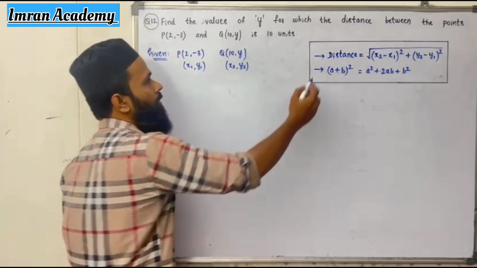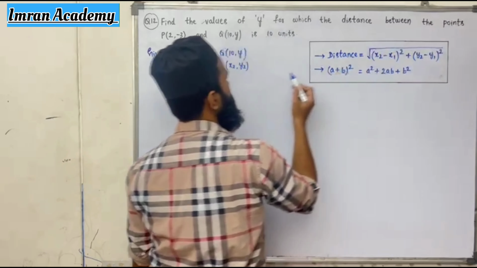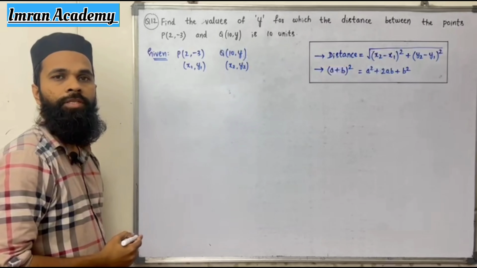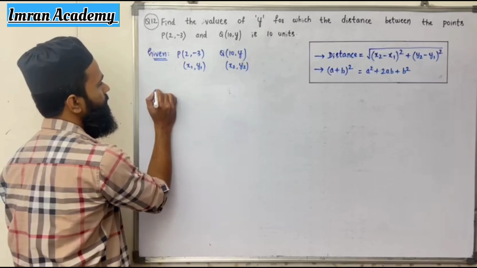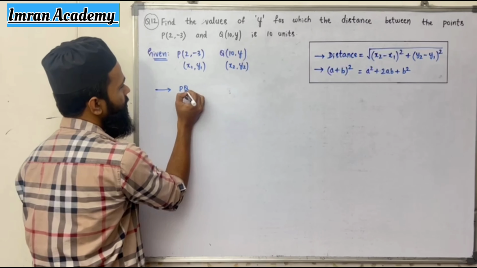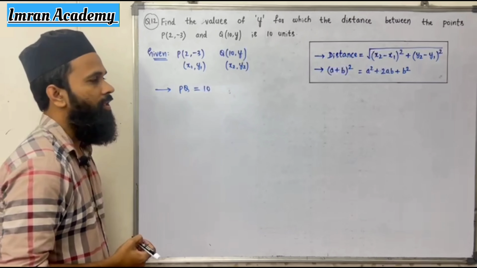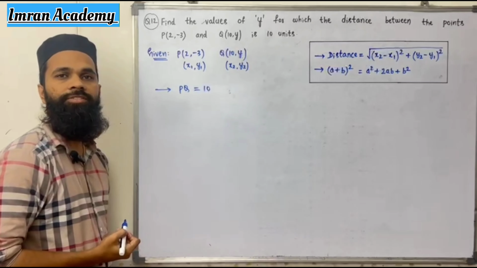Given the distance between the points P and Q is 10 units. We write PQ is 10 units. Here PQ is distance.